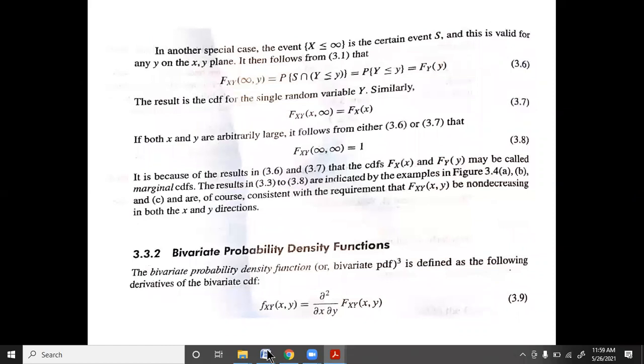So now we come to the bivariate PDF. Similar to the single variable case, the PDF will be the differential of the CDF. We know it very well.